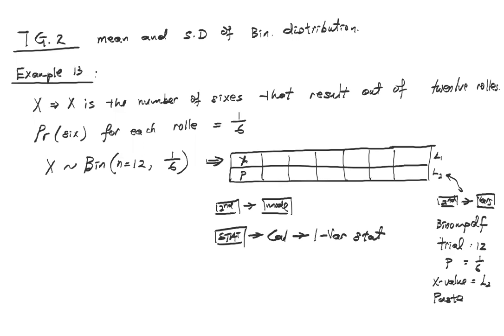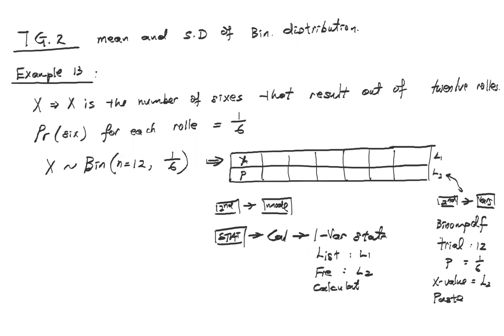Correct? So after you go to one var stack, you have to put your L1. List is in L1. Frequency is in L2, and you calculate.